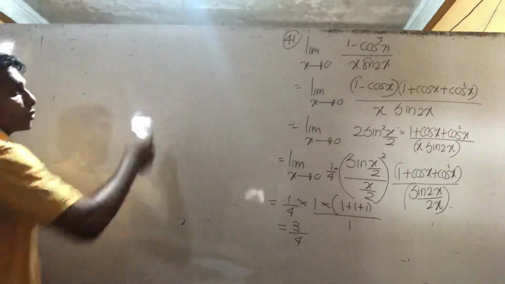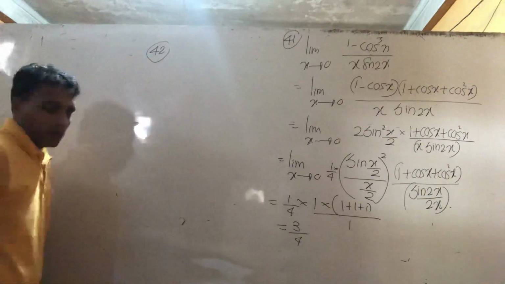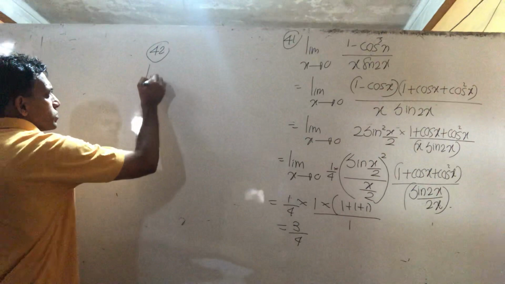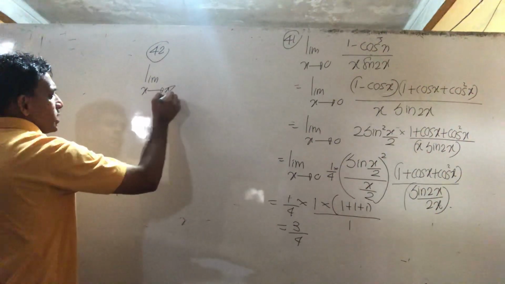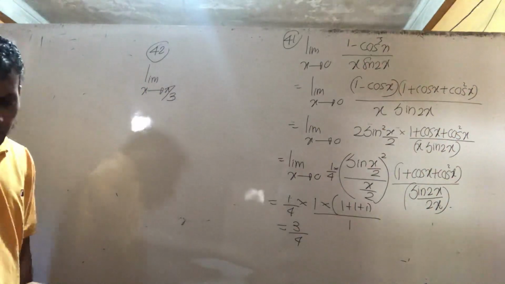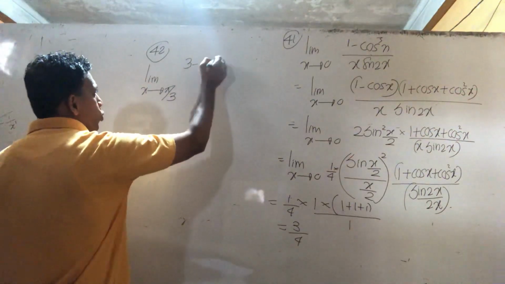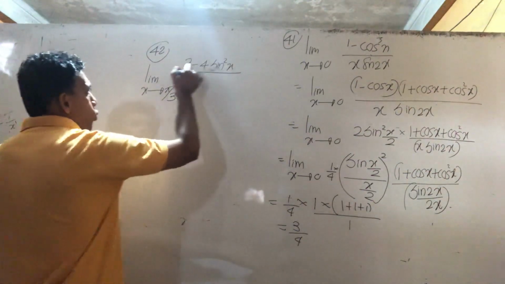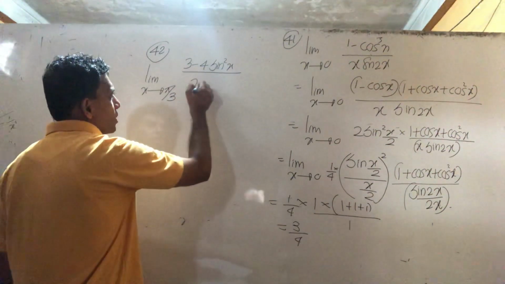Next question 42. Limit x tends to pi by 3, 3 minus 4 sine square x over 2 cos x minus 1.